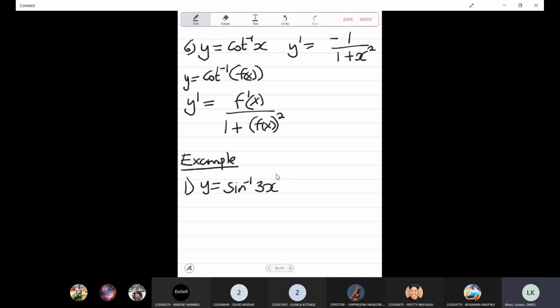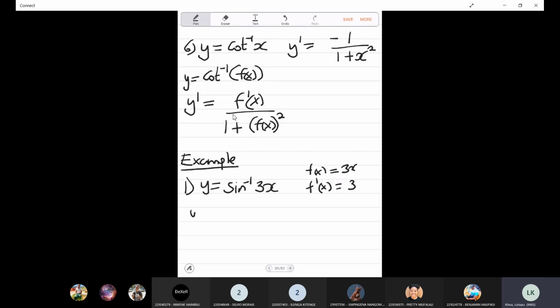Something you just take note of, even in the back of your mind, your f of x is equal to 3x, and then your f prime of x is equal to 3. So while you're still getting the hang of it, go refer to the table, and then you'll just substitute your derivatives into the formula, depending on which arc-trig you are differentiating.